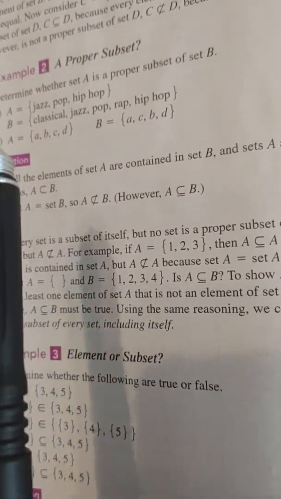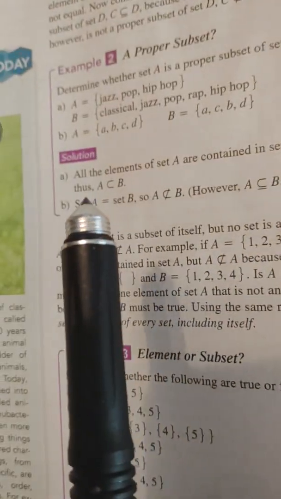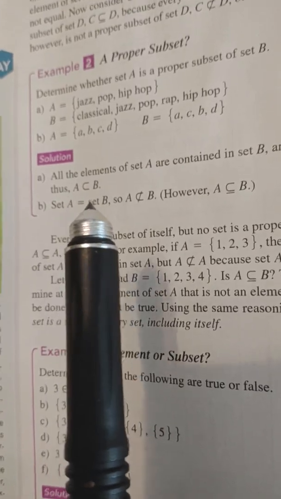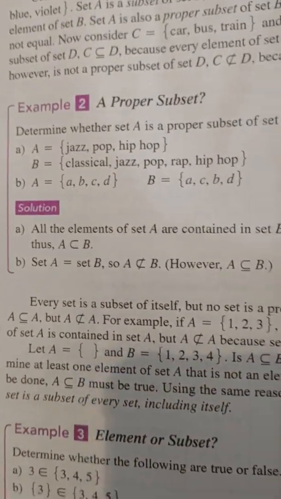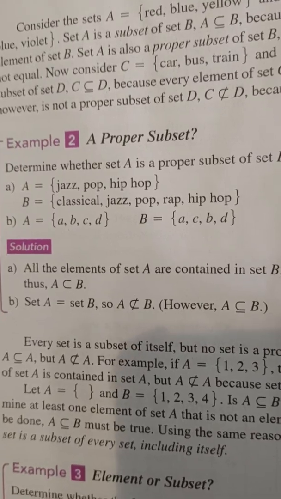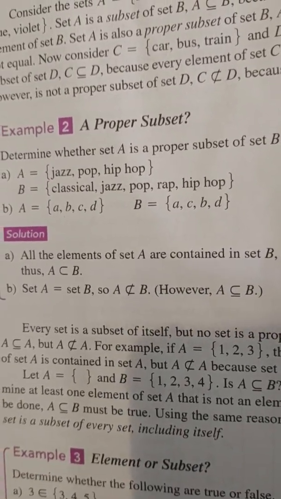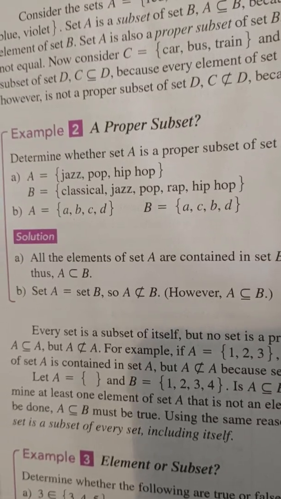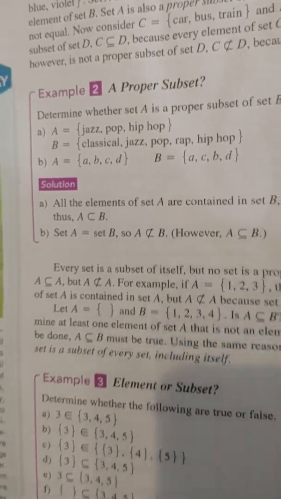So all the elements of set A are contained in set B. Set A and set B are not equal. Thus, A is a proper subset. If we look at letter B on this one, we can see that set A is ABCD, set B is ABCD. They both contain the same number of elements. So set A is a subset of B, and B is a subset of A.